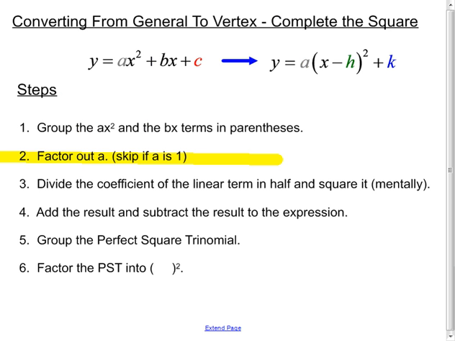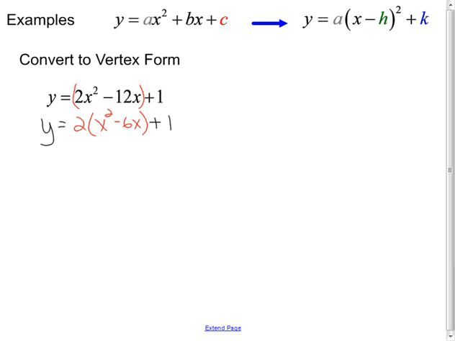So then we take a look at divide the coefficient of the linear term in half and square it. Do this mentally. Our linear term here is this negative 6. Linear means it's with the x term, not the x squared term. That's vocab you should be familiar with.